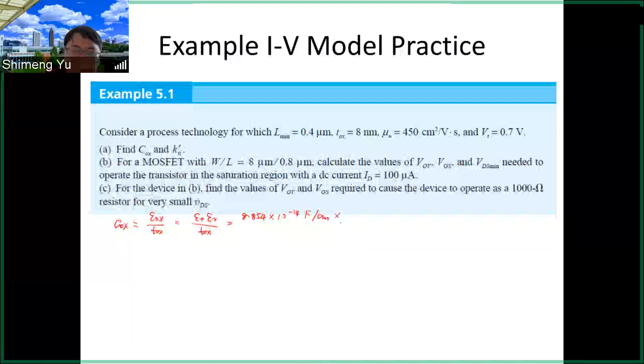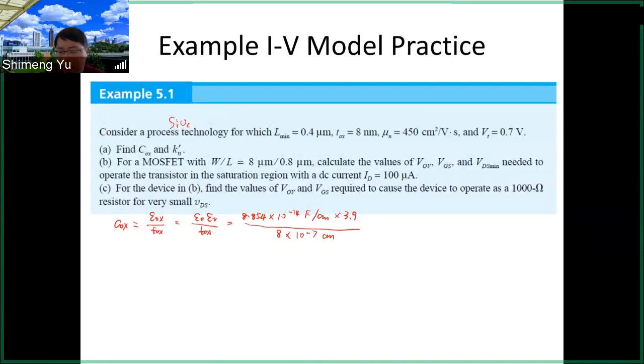The epsilon relative is the dielectric constant. For silicon dioxide, SiO2, it is 4, and to be more accurate, it's 3.9. Then divide by the TOX, in this case 8 nanometer, and we have to convert the unit from nanometer to centimeter. 1 nanometer is 10 to the minus 7 centimeter.